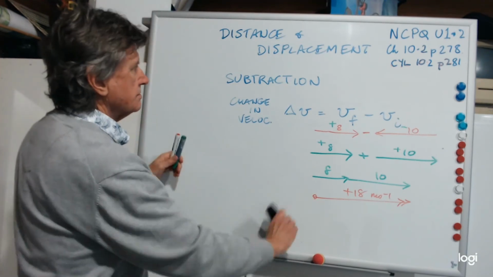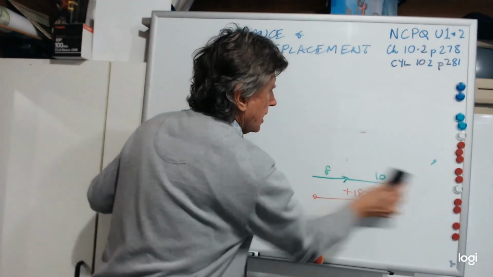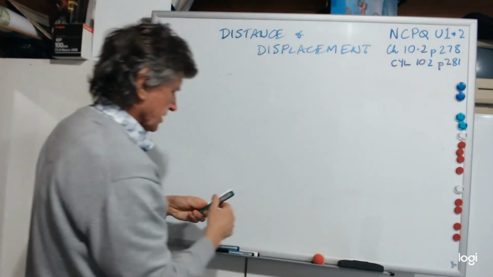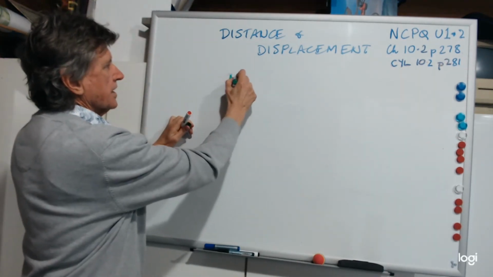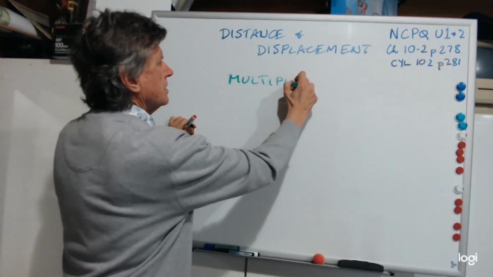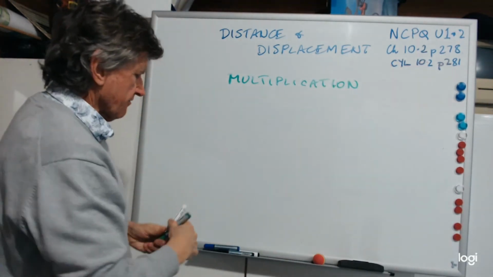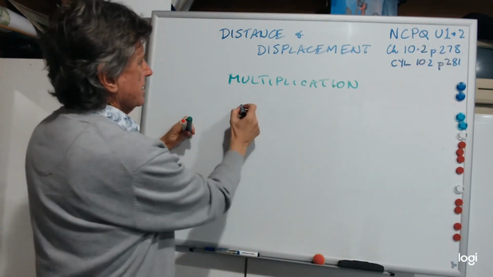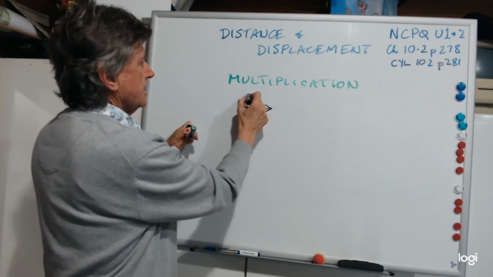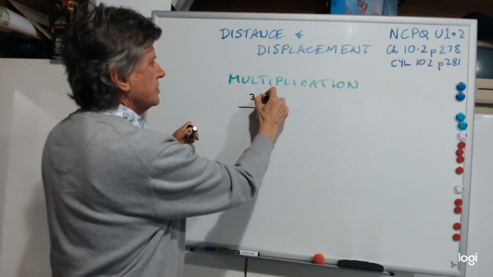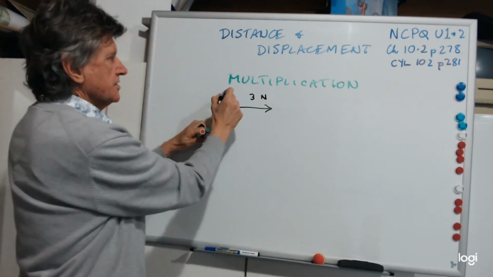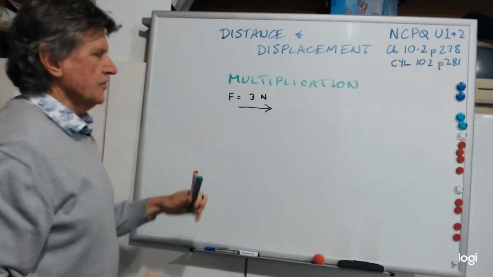This is pretty straightforward. So this is multiplication of vectors. Say for instance you had that vector there, let's say it was 3 newtons of force, so F equals 3 newtons that way.